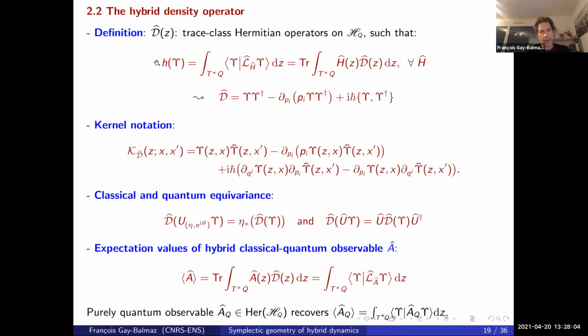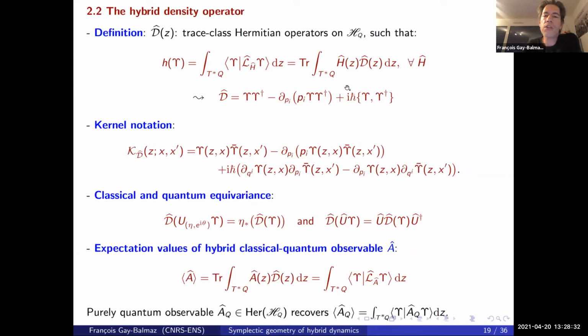That's the Hamiltonian function of the hybrid wave equation, given here in terms of the Hamiltonian and the covariant Liouvillean operator. And this D hat is such that we can write H this way, the pairing of the hybrid Hamiltonian with this hybrid density matrix.